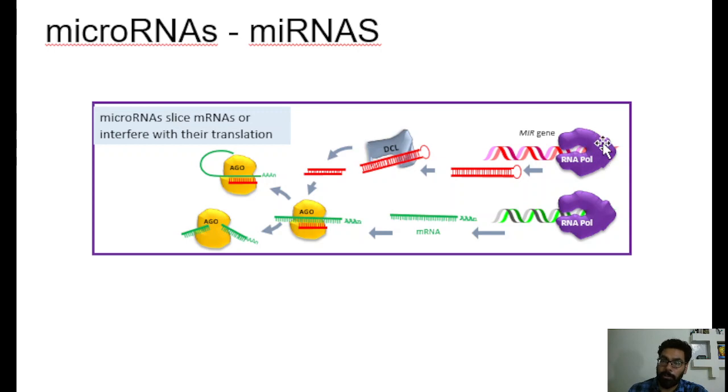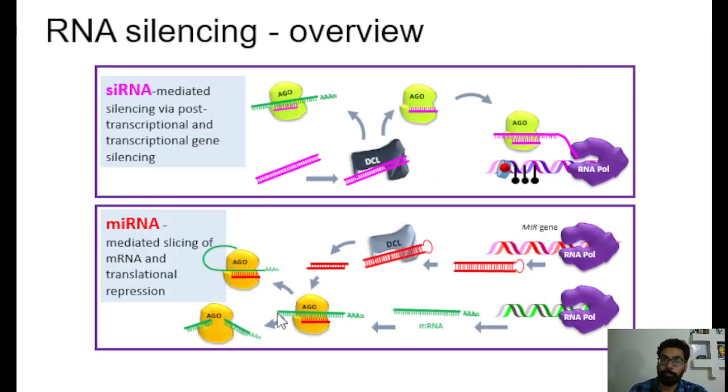So the miRNA gene will be transcribed into a double-stranded RNA complex. It will be recognized by the DCL proteins and get chopped off, where the Argonaute protein will bind, and it will associate it with the RNA-induced silencing complex, and the targeted mRNA degradation will happen.